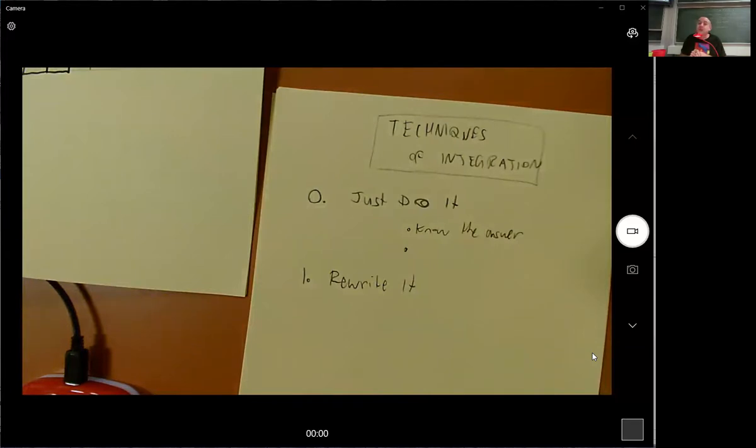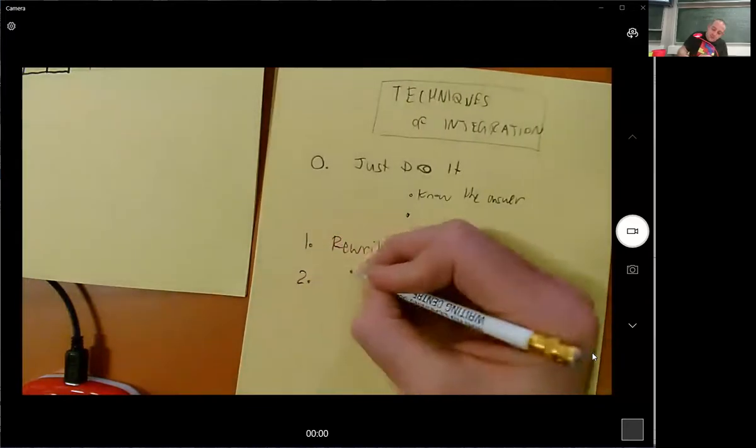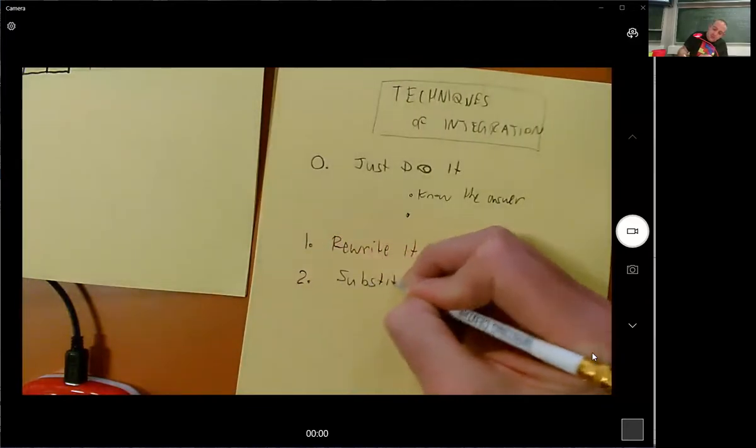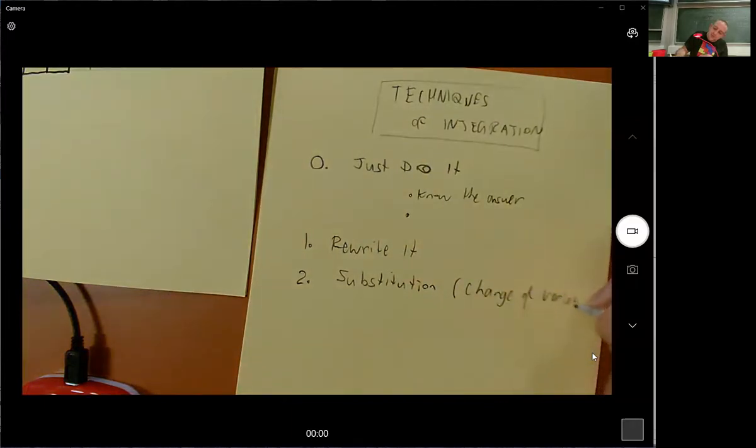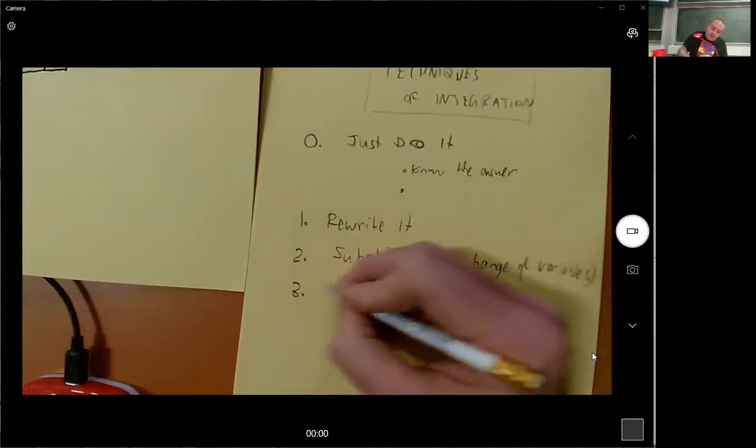Because sometimes it's not difficult to do after that. Technique 2 is substitution, which your lecturer calls change of variables. And then technique 3 is integration by parts.